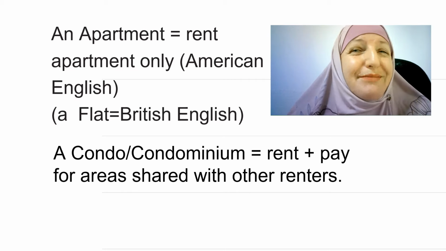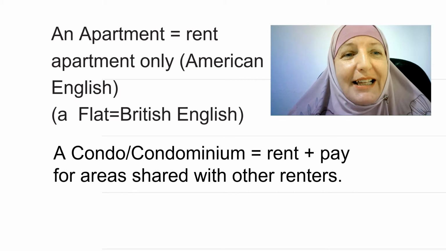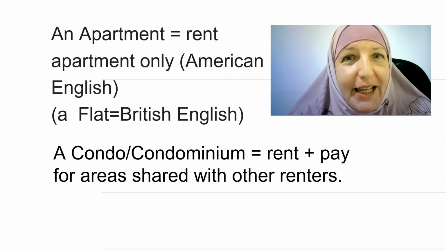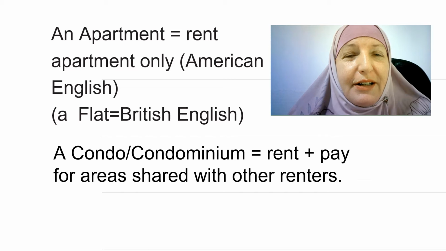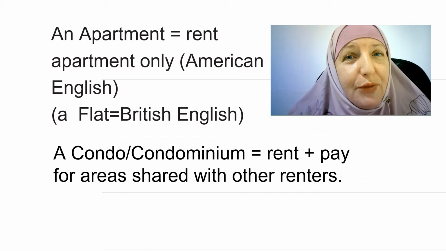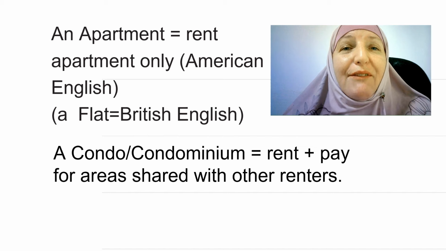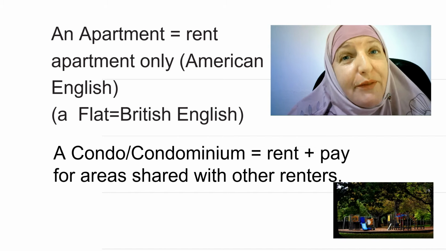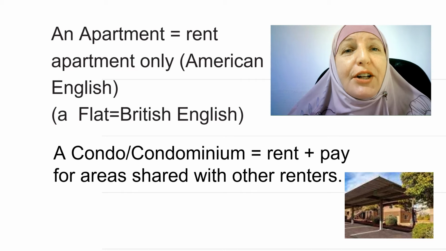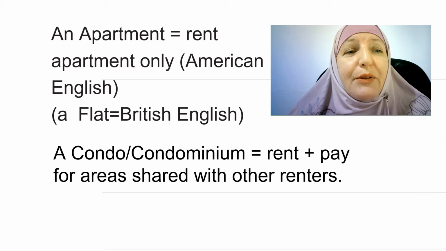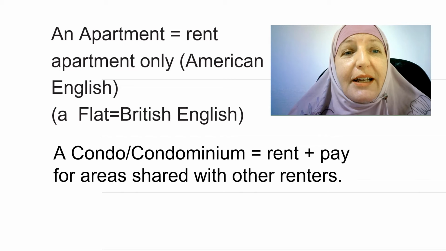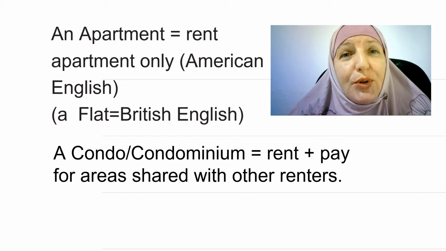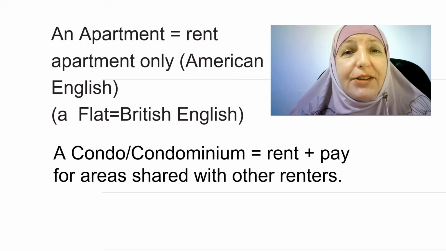So apartments may not have as nice of common areas like a condo. A condominium, or condo for short, may have extra things like a pool, playground, or covered parking. The condo owners may rent or own their units, but both renters and owners pay extra monthly dues or money for the common areas.